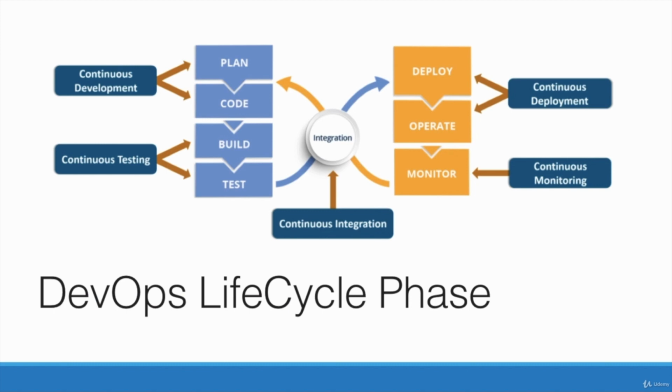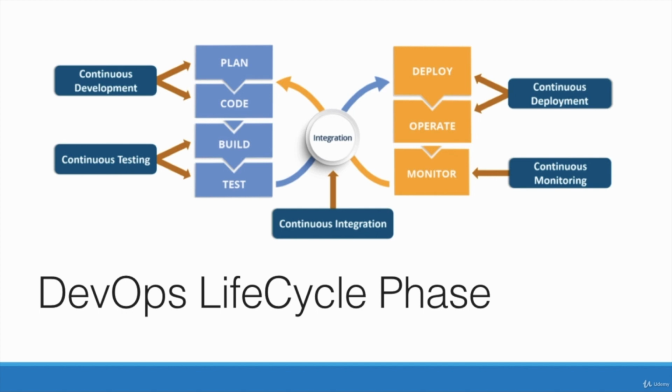To understand continuous development in a detailed way, I have divided these DevOps lifecycle phases into tasks. So planning and coding is part of continuous development, right? Build and test is part of continuous testing. After the test, we will integrate the tested build with the existing code.